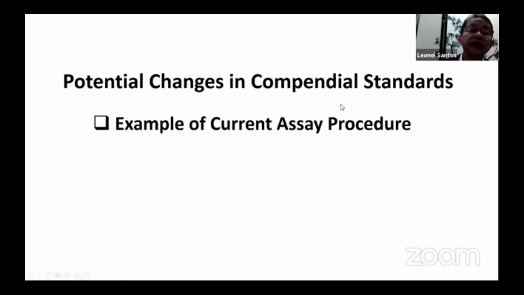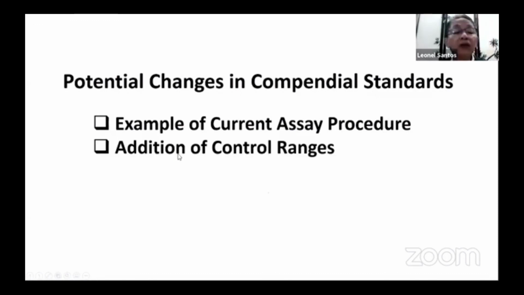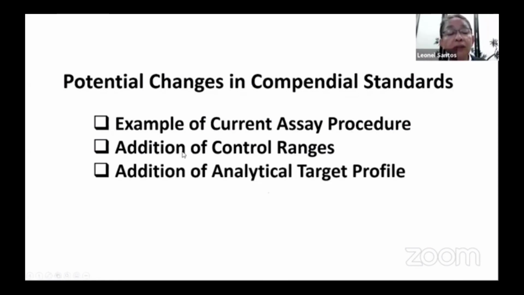In terms of the potential changes in compendial standards, I'll provide you with an example of the current assay procedure. I'll also provide you with how additional control ranges can be included in the monograph, and finally, the addition of an analytical target profile.